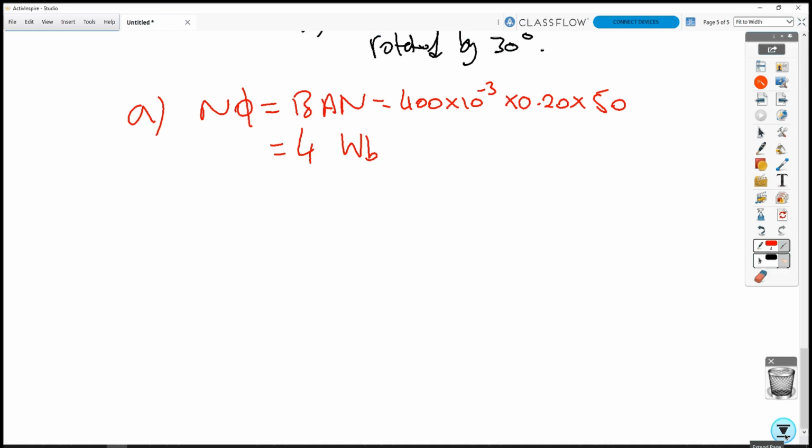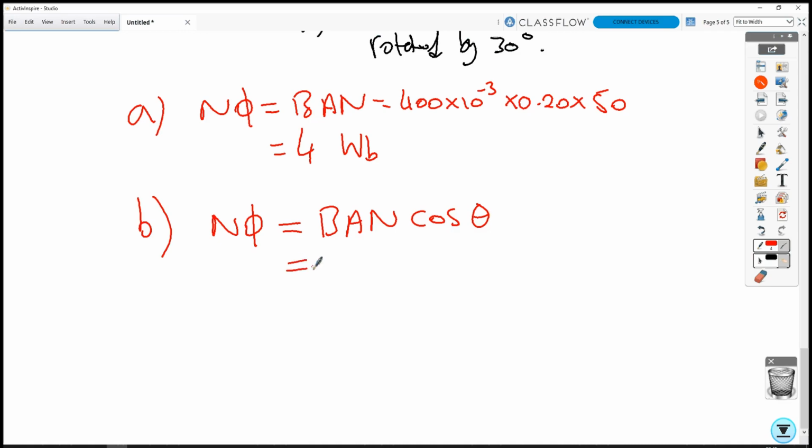Then for part B, because it's now rotated, we now have an angle. So it's Nφ equals BAN cos θ. Now we've already worked out BAN, which was 4 from the previous question. So we only need to put the new angle that it's made, which is 30 degrees.